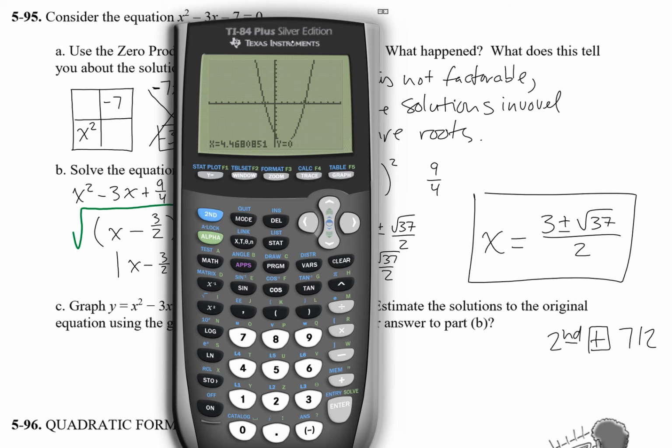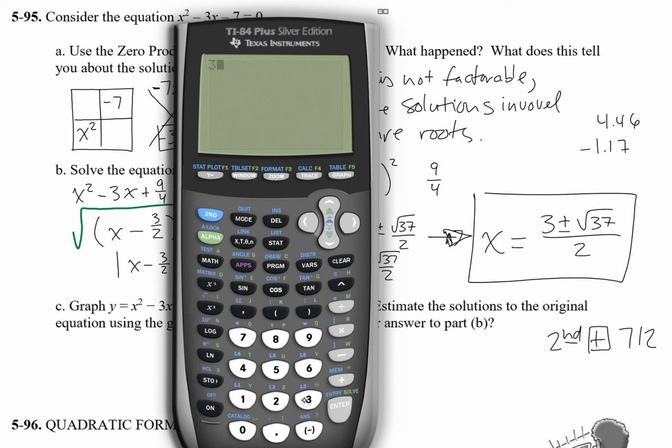So let me write those two down, 4.46 and negative 1.17. So I've got an exact answer, which is superior in a lot of ways, but if I want to see if the answers that I got for x are confirmed by this graph, let me go ahead and look at this.